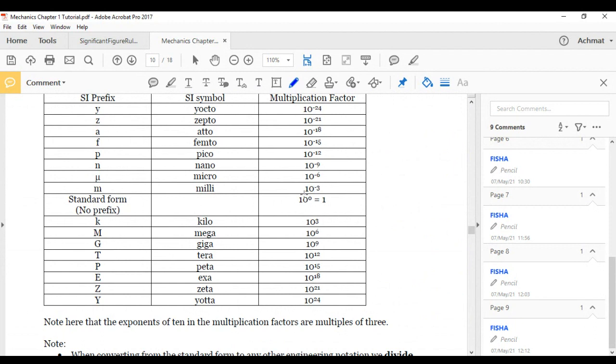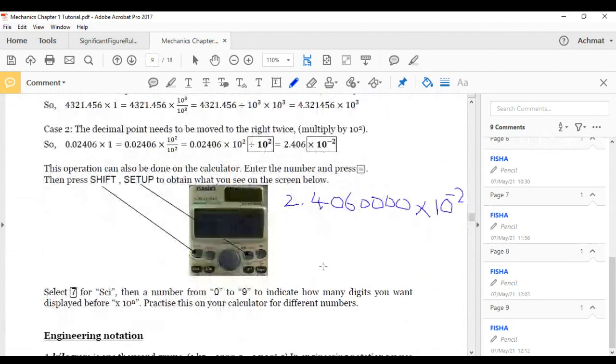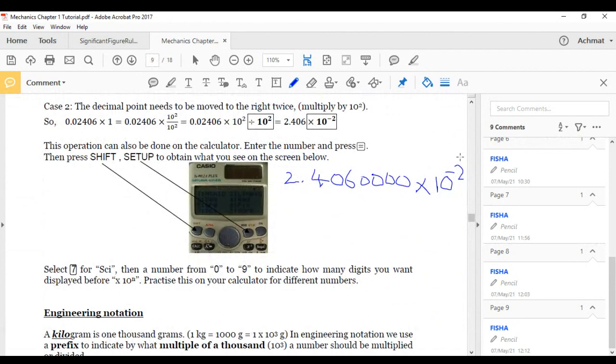You can see the 10 to the power will always be a multiple of 3. Then you know you have something in engineering notation. Take this example here, can you see there, minus 2? That is not an engineering notation. I can see immediately that this is not an engineering notation because that 2 is not a multiple of 3.